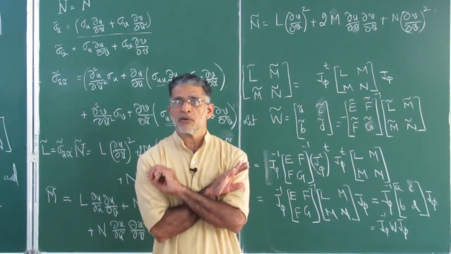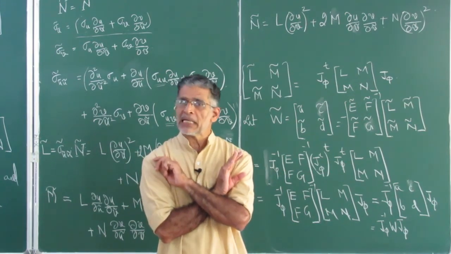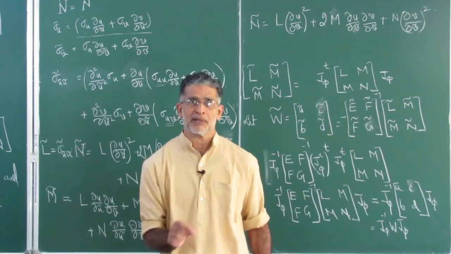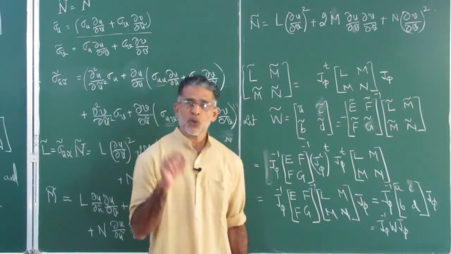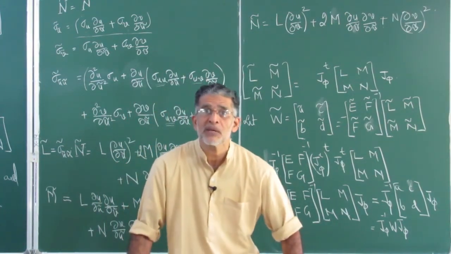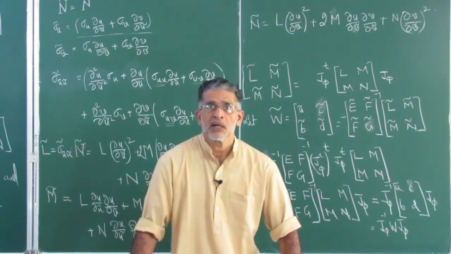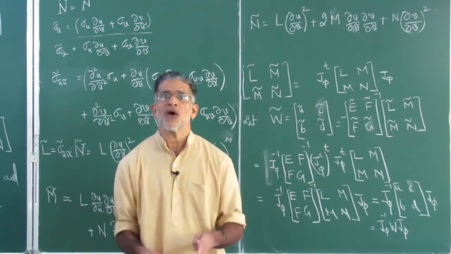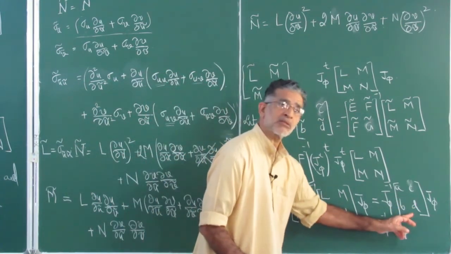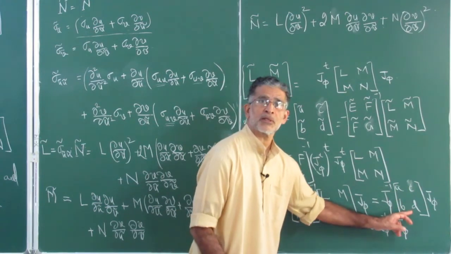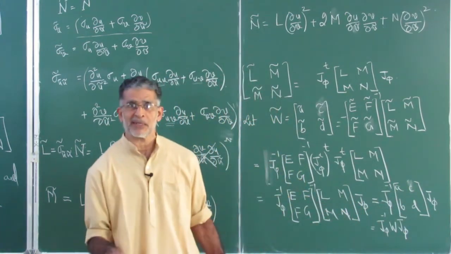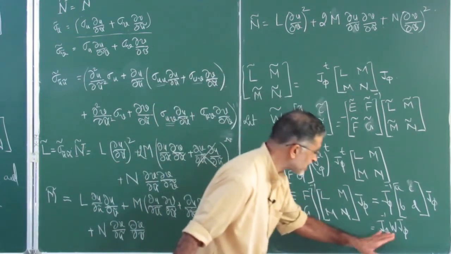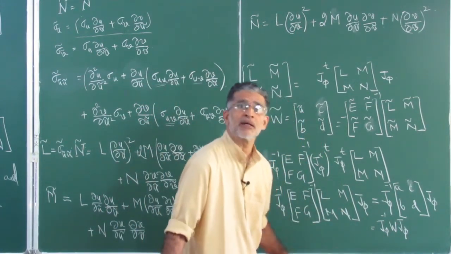So the Weingarten matrix or map is dependent on the parameterization, but for two different parameterizations, you get two similar matrices. This is not a matrix actually, because it's a matrix of functions. These are all functions. So at every point you get a matrix. So it is a matrix valued function. Okay, and they are similar to each other.